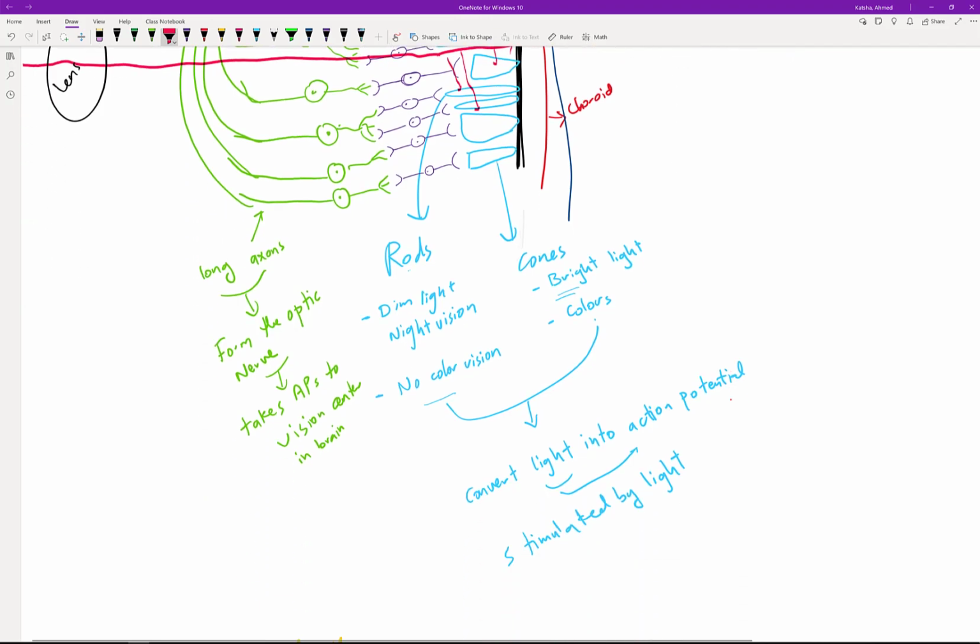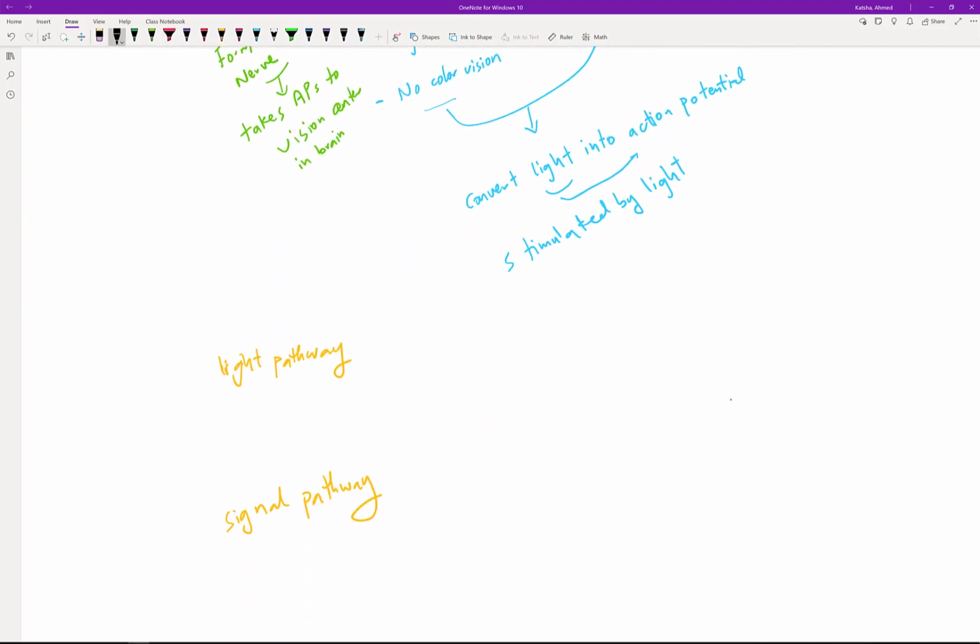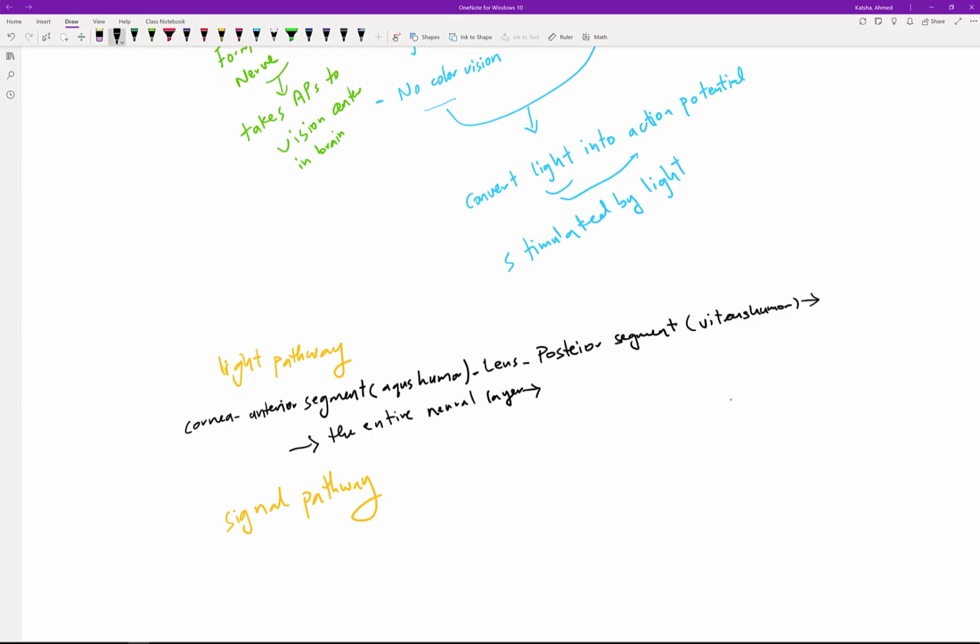So for the light pathway, we can say it's the cornea, then the anterior segment, which contains the aqueous humor, then the lens, then the posterior segment, which has the vitreous humor, then the entire neural layer, and it ends with the pigmented layer.